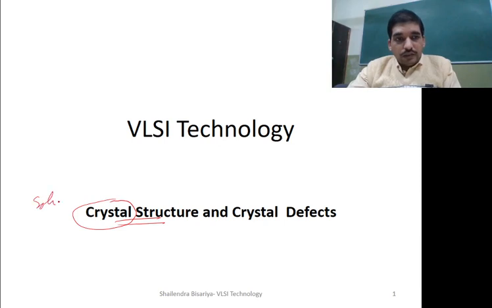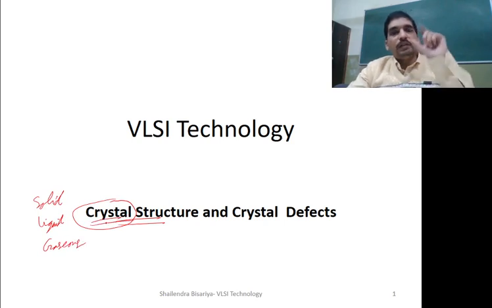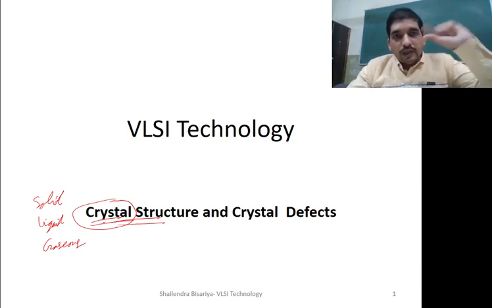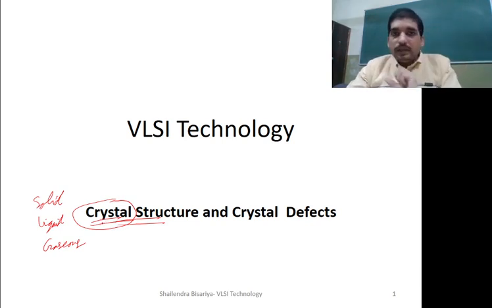There is solid state, liquid state, and gaseous state. Now, where does crystal belong? Crystal is nothing but a periodical arrangement of atoms inside the lattice. You know that, right?